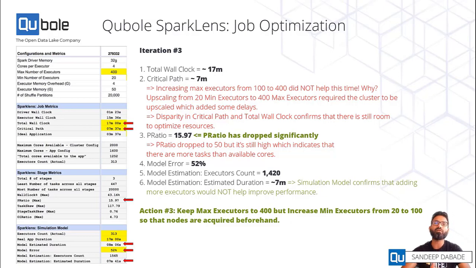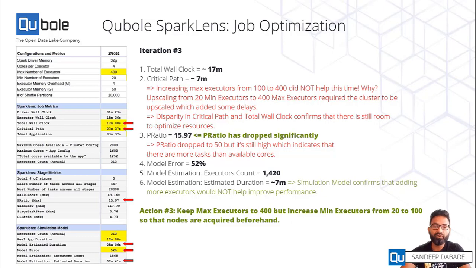So clusters will come up at minimum configuration, and in the event of upscaling, that's when we start adding more nodes to the cluster, and that added some minor delays to the job, and that's why we did not see the total wall clock time decrease.